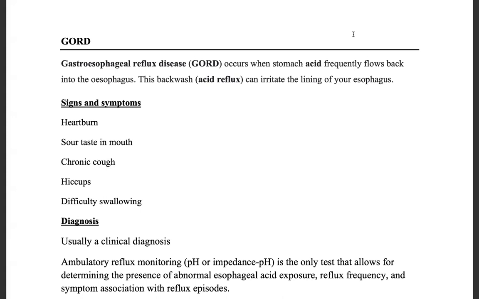On the surface of the esophagus, there is a bicarbonate trap layer, but it's a weak buffering mechanism compared to the stomach and duodenum.